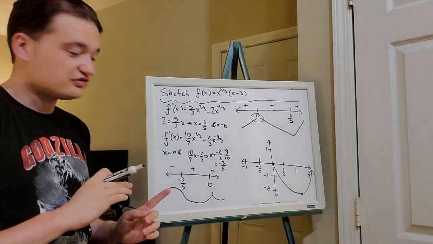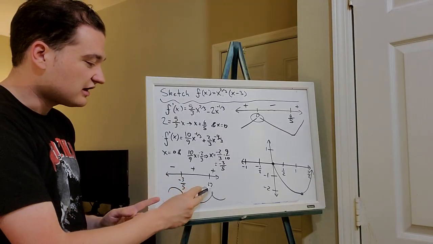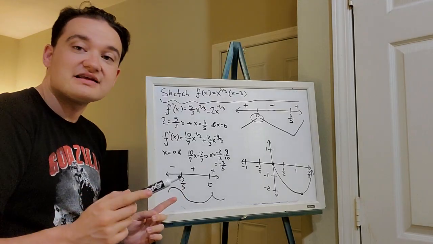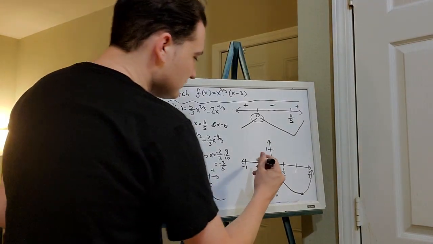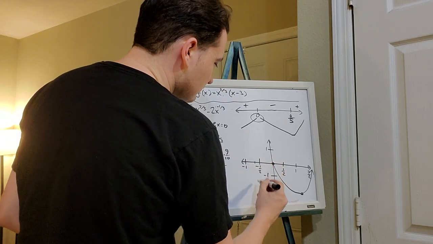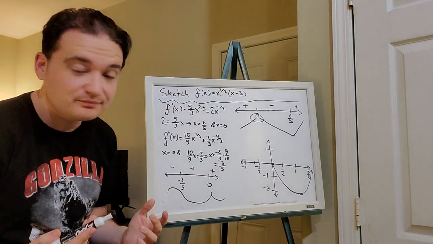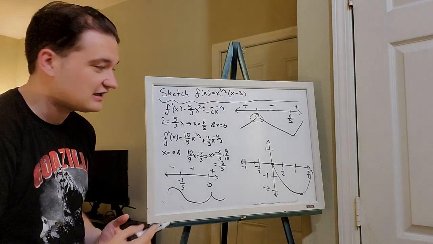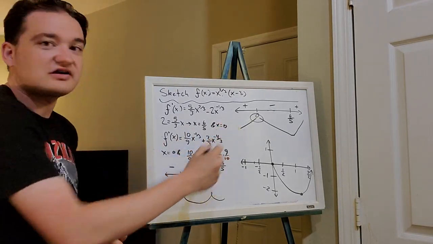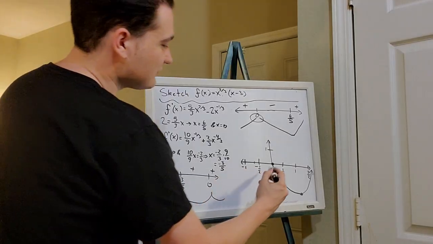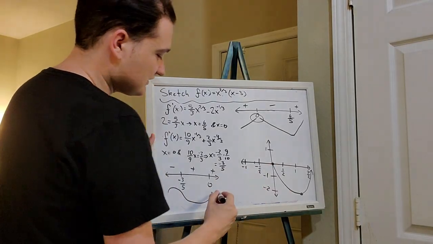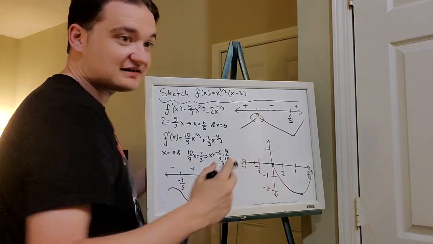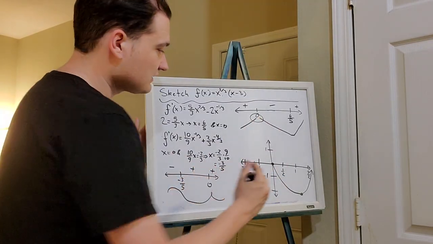Now, what about the other side? We know that we are concave up from 0 to -3/5. So that's going to be right around here. We're going to have an inflection point from concave down to concave up. And we're increasing up this way. Again, this kind of demonstrates there's a cusp here, and the first derivative not existing confirms that.